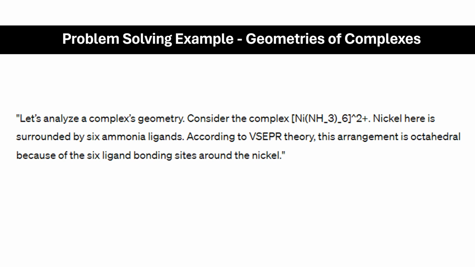Nickel here is surrounded by 6 ammonia ligands. According to the VSEPR theory, for those having a domain of 6 electron groups, it would be octahedral. It has 6 ligand bonding sites around nickel.